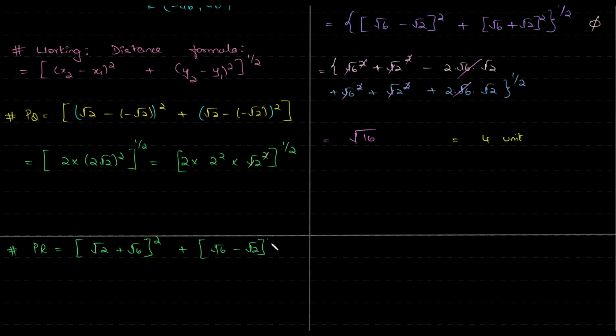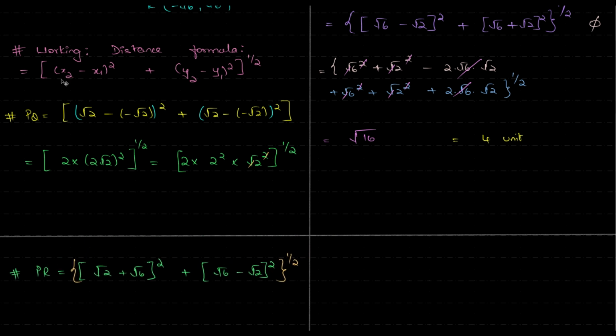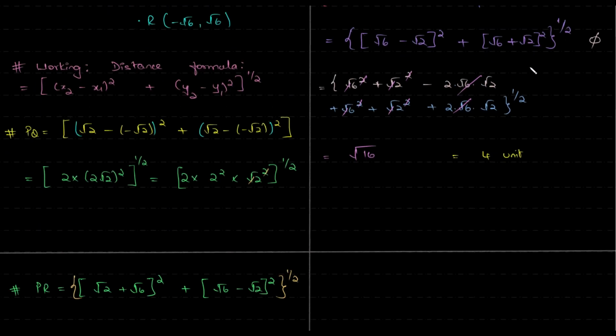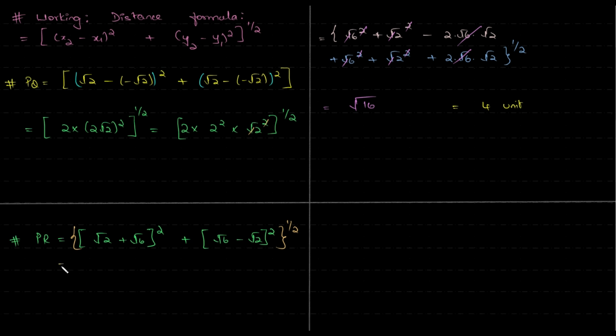This calculation we have already done in the previous set of numbers itself. It's the same thing, you can see that. The numbers have been flip-flopped a bit over here, and here it is root 6 minus root 2, same thing. At the end of it, you will get 4 unit.